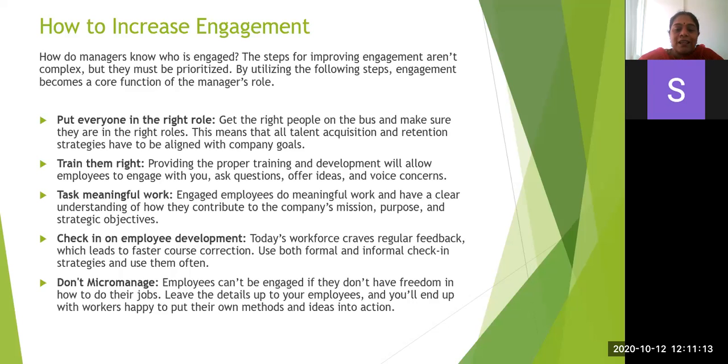Today's workforce wants regular feedback, which leads to faster course correction. Use both formal and informal check-in strategies and use them often. Now this is again feedback in two ways. Nowadays in the performance appraisal system also, we believe in the HR domain that if we implement 360-degree performance review, it will be better for both parties, employer and employee.